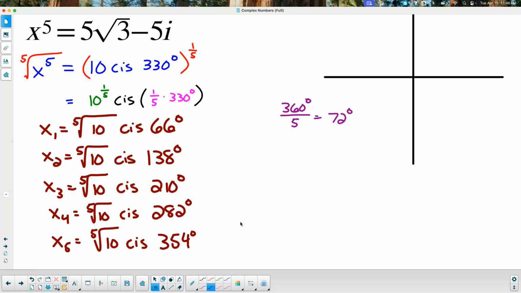Plus 72 is 210. Plus 72 is 282. Plus 72 is 354. Yes.